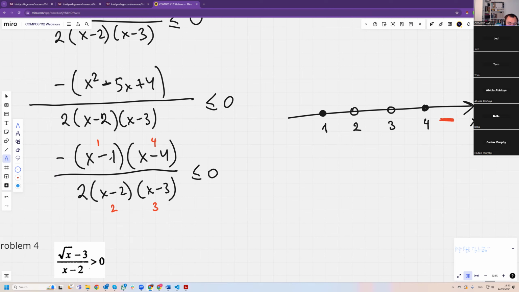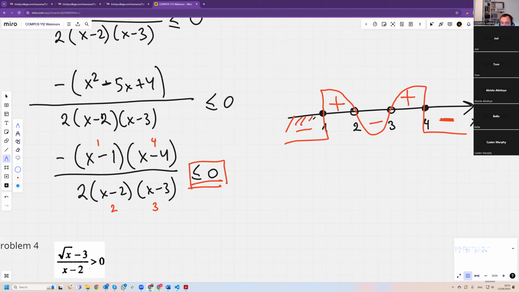And then there are no special cases here. They all just change the sign like good boys and girls. And then we just draw, and we choose the negative ones.